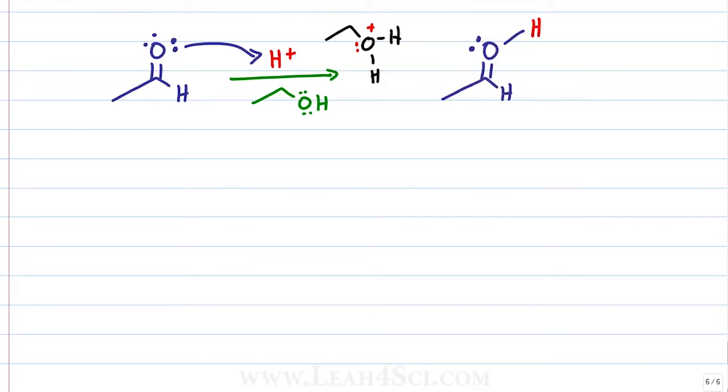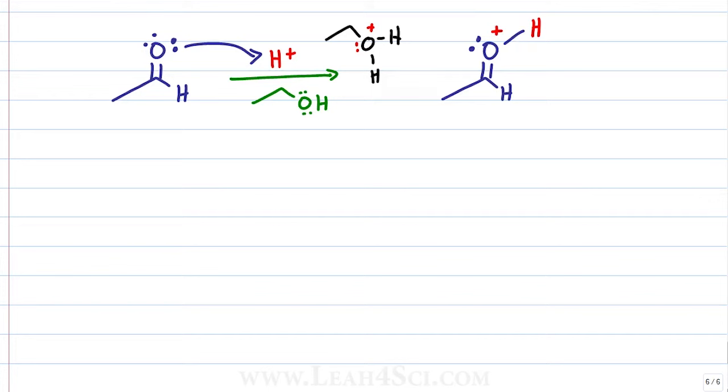Think of this as the activation step. We activated the carbonyl, making it even more reactive to attack. How did that happen? We already saw the resonance has a partial positive charge on carbon and a partial negative on oxygen. This oxygen was greedy. It reached for a positive hydrogen atom and got its wish, but now it has regrets because oxygen now has 3 bonds, 1 lone pair, and a formal charge of +1.